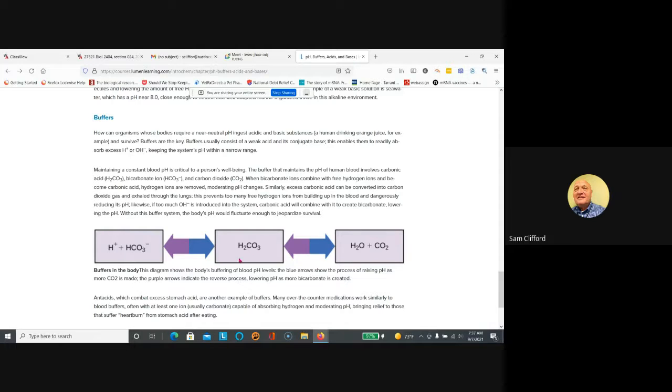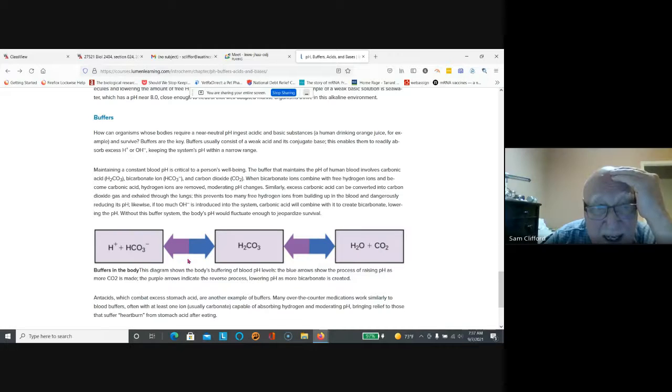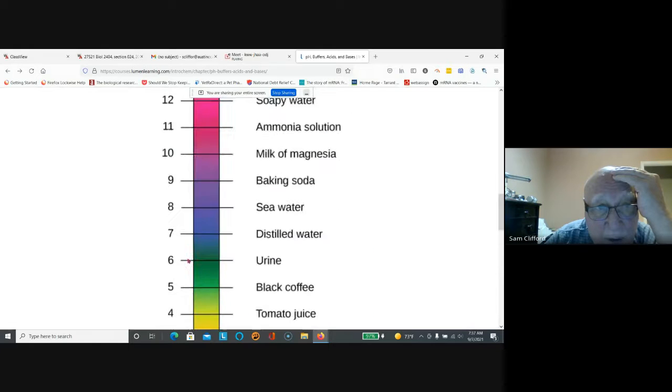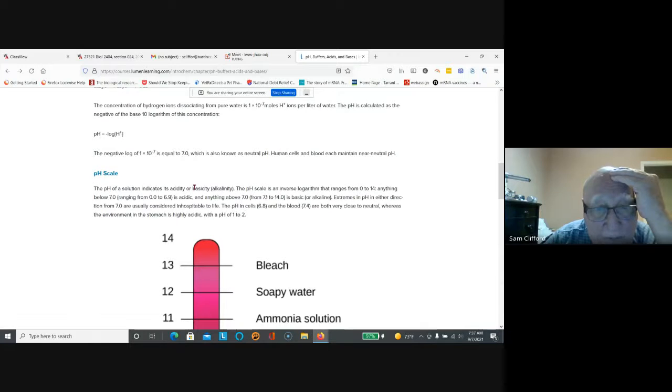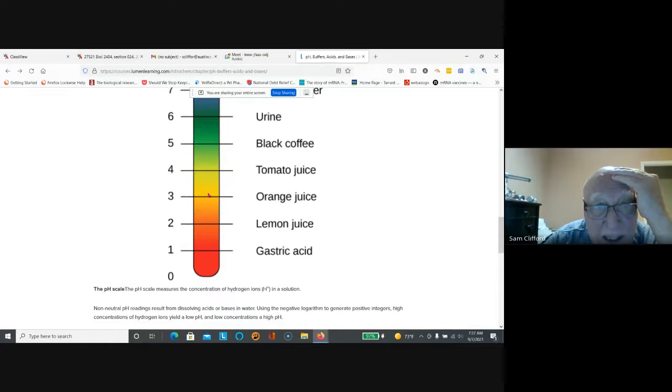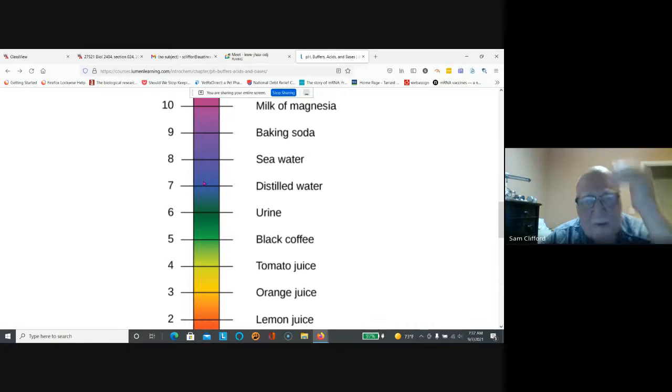And if there's any excess hydrogen ion, that combines with bicarbonate, goes to carbonic acid, and then CO2 is produced, and that is released in your lungs. If you have excessive hydroxide, remember hydroxide is OH. And the whole purpose of this buffer is to keep the pH of your body around 7.35 to 7.45.